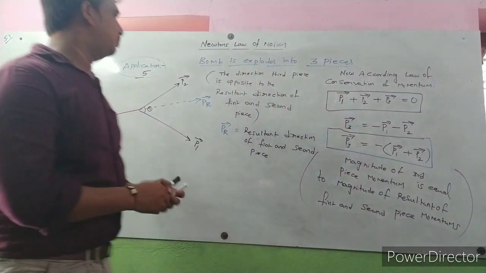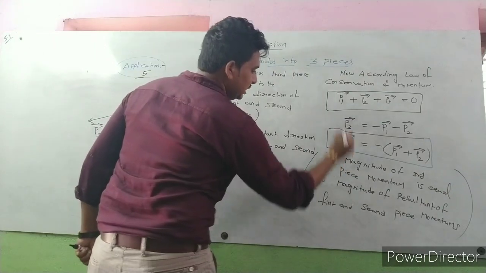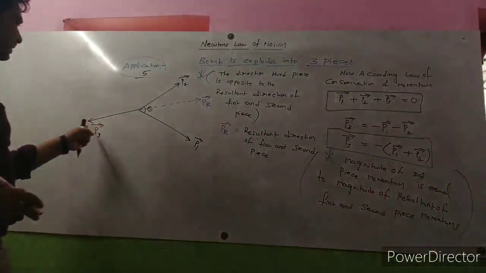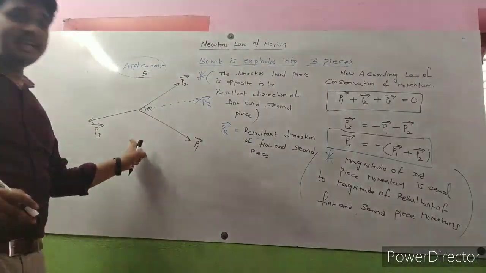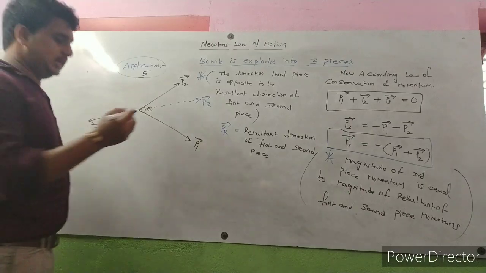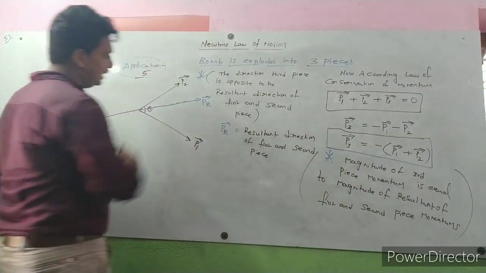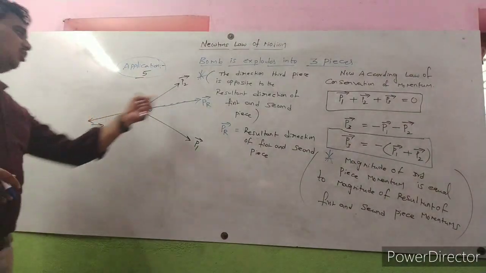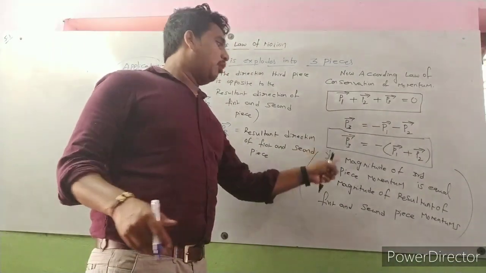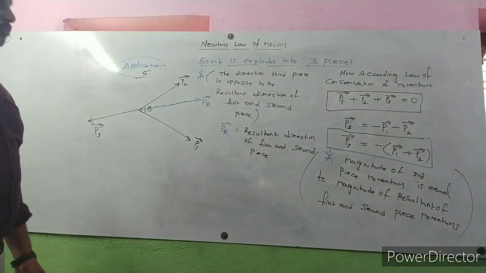This line is very important. Observe carefully: the direction of the third piece is opposite to the direction of the resultant of the first and second piece, and the magnitude of the third piece momentum is equal to the magnitude of the resultant of the first and second piece momentum.